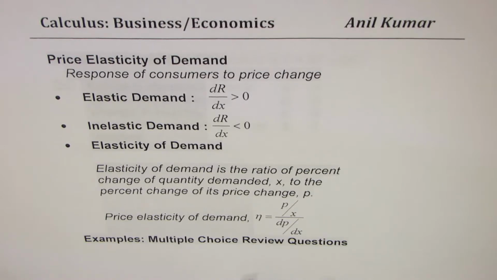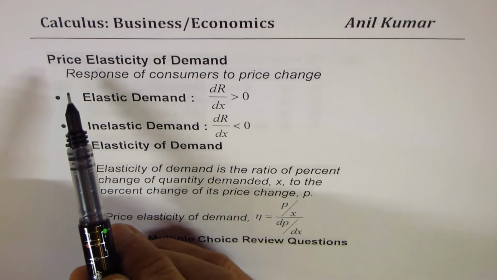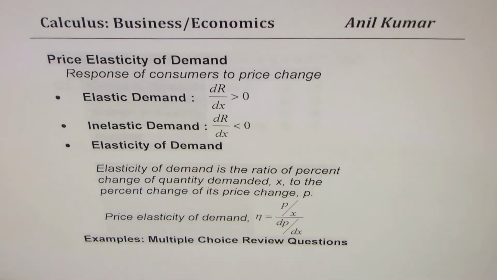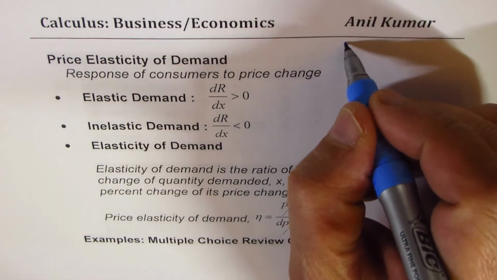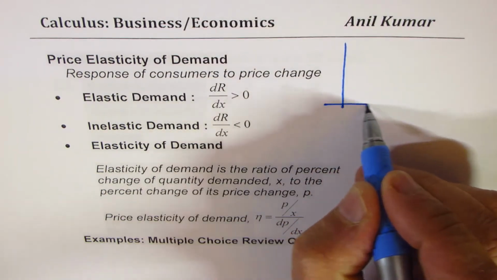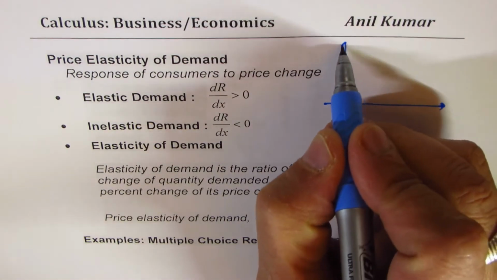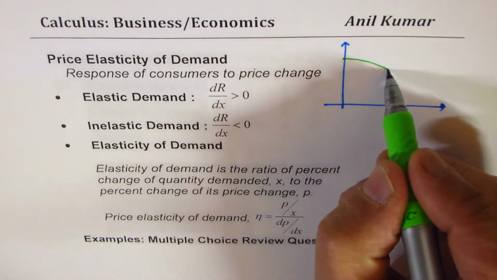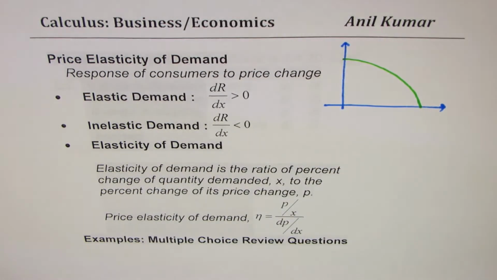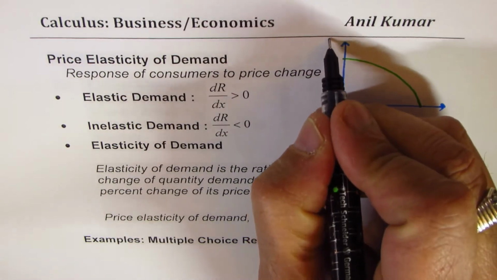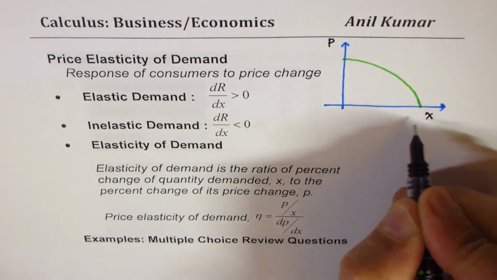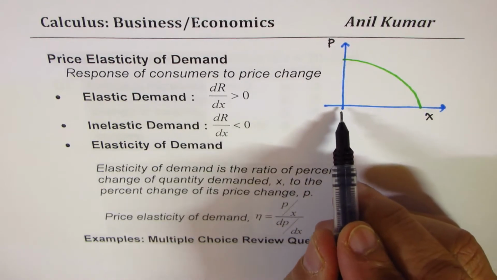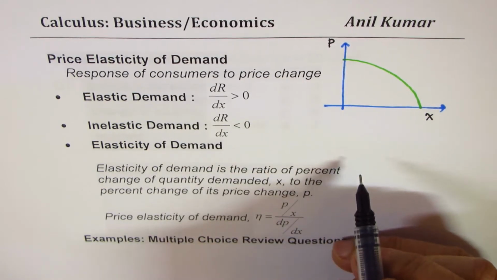So let's begin by understanding the basic concept of what happens when we reduce the price. Take a scenario where price and demand are related by a graph like this, where price is along the y-axis and x, the number of items sold for that particular item, is shown on the x-axis.